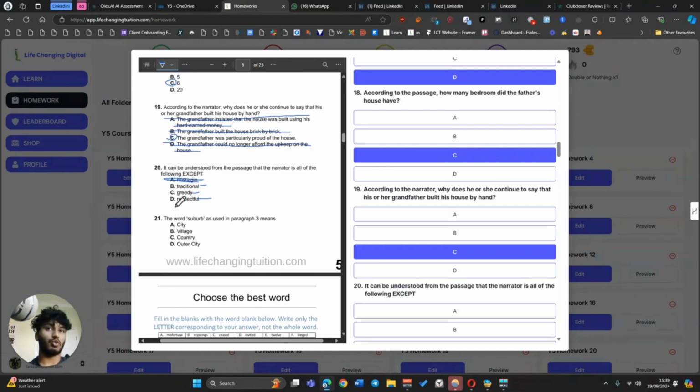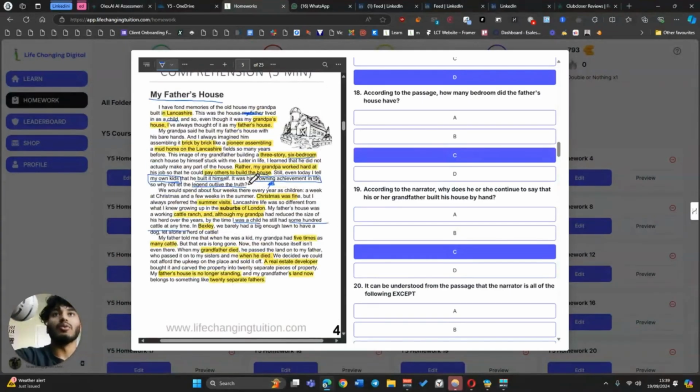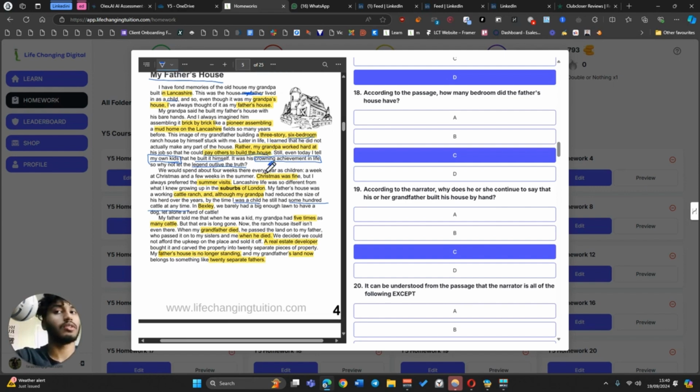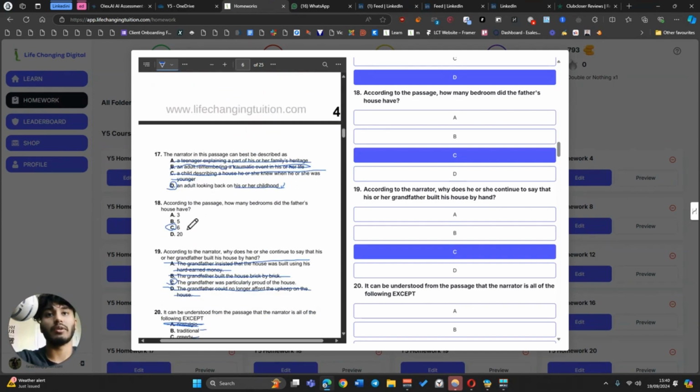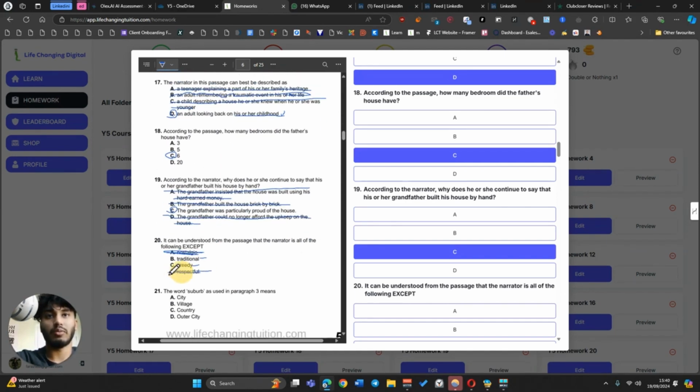Let's look for any evidence of greedy or respectful. So respectful, I think actually, respecting that it was his grandfather's proudest achievement right here, and continuing to tell the legend, you could be saying that he's respectful. So I wouldn't say he's not respectful.